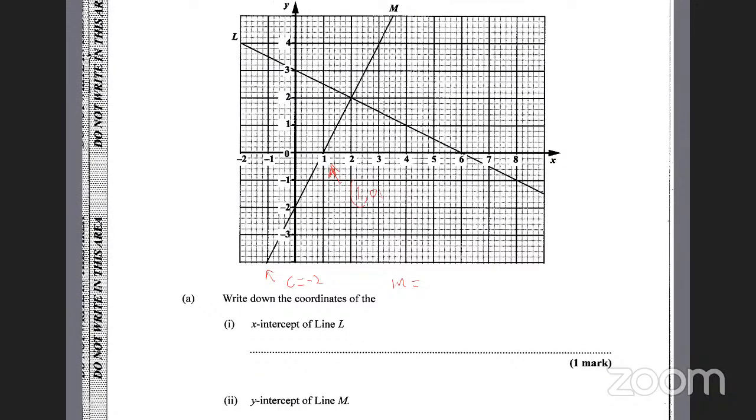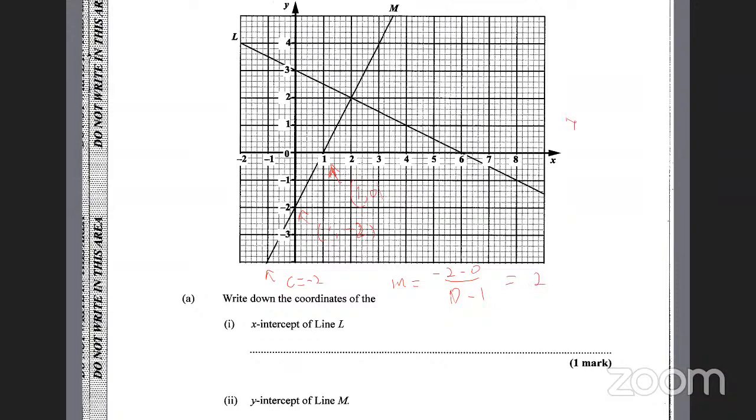Or you could use the rise over run. So it's -2 minus 0, over 0 minus 1. So I am getting 2 as the gradient.